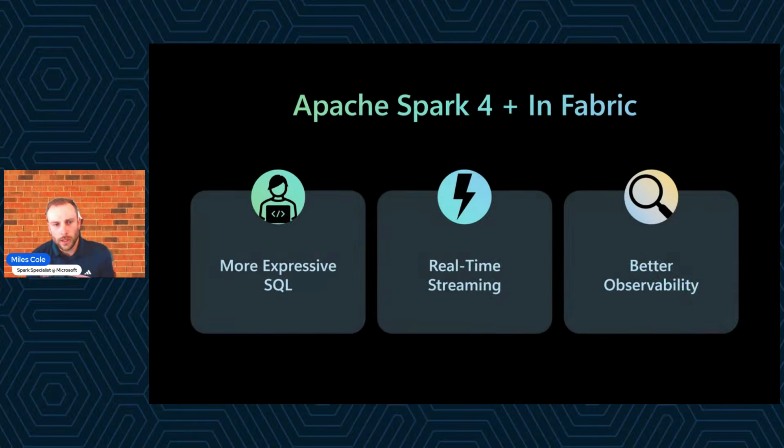Now, for Apache Spark, I organized this section into 3 core areas based off of the features that have been added. There's a lot in the SQL expressiveness space in terms of being able to do more, removing constraints that previously potentially blocked migration scenarios, real-time streaming, and better observability.